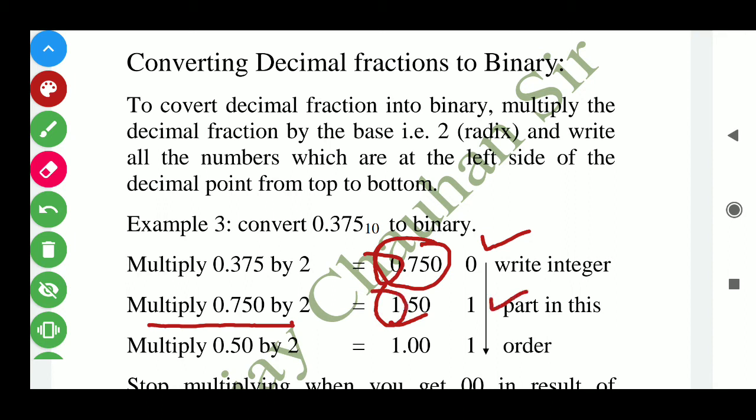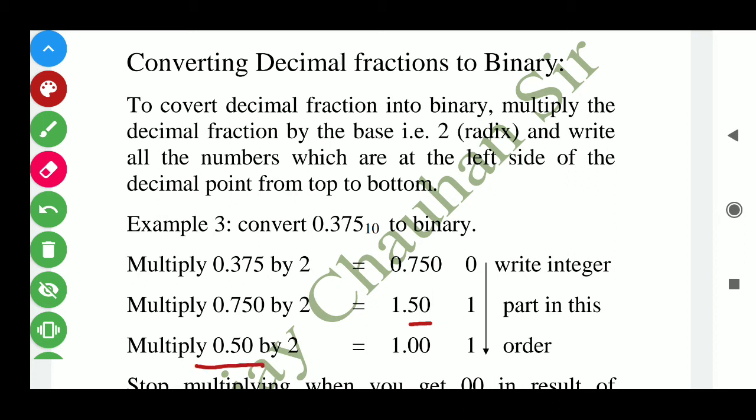Same way, 1.50. Then this decimal part, write 0.50 and multiply it by 2. So you will get this one here, and write this one. Then write your answer from top to bottom, just the reverse of the conversion of the integer part. So 0 1 1.